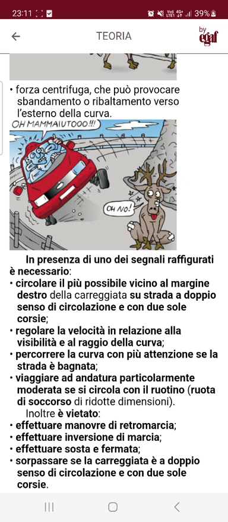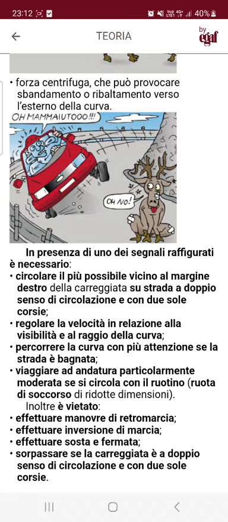He said also it's forbidden in this curve where you see this sign to park or stop. It's not possible. It's forbidden. Also, don't overtake, especially in the curve, especially when the road is a carriageway that has two-way traffic with just two driving lanes.